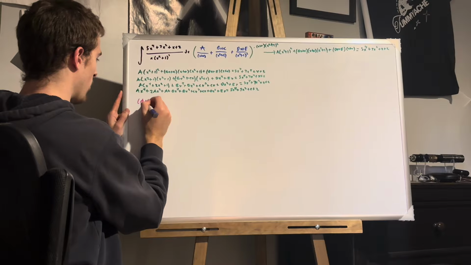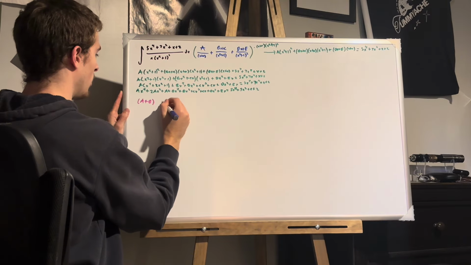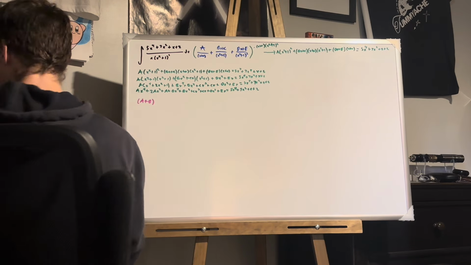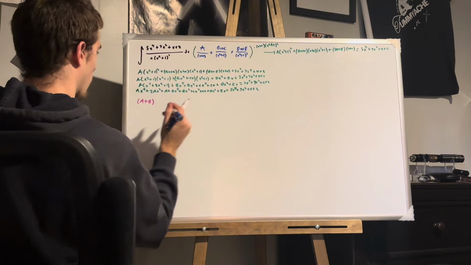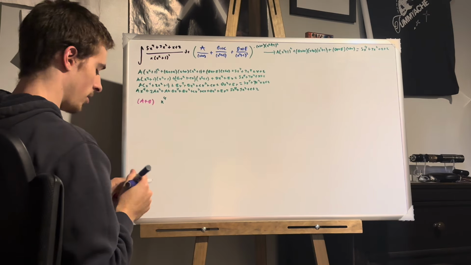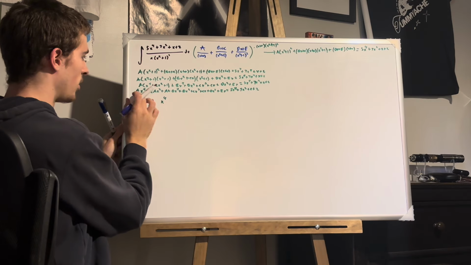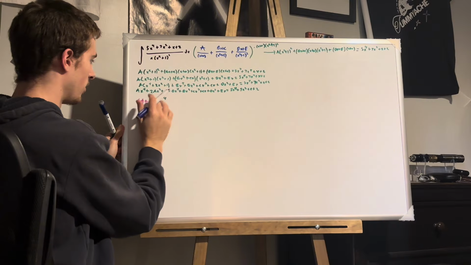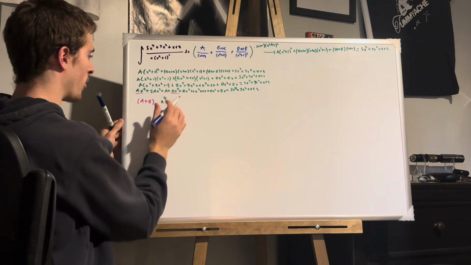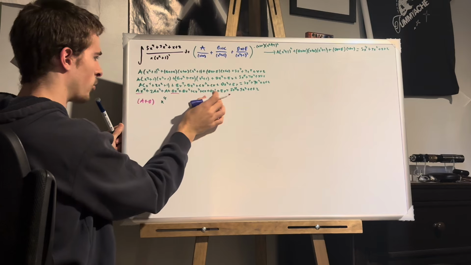So we're going to factor that out like this. We factored the a and the b out of the x to the power 4, and those are the only x to the power 4 terms we have.